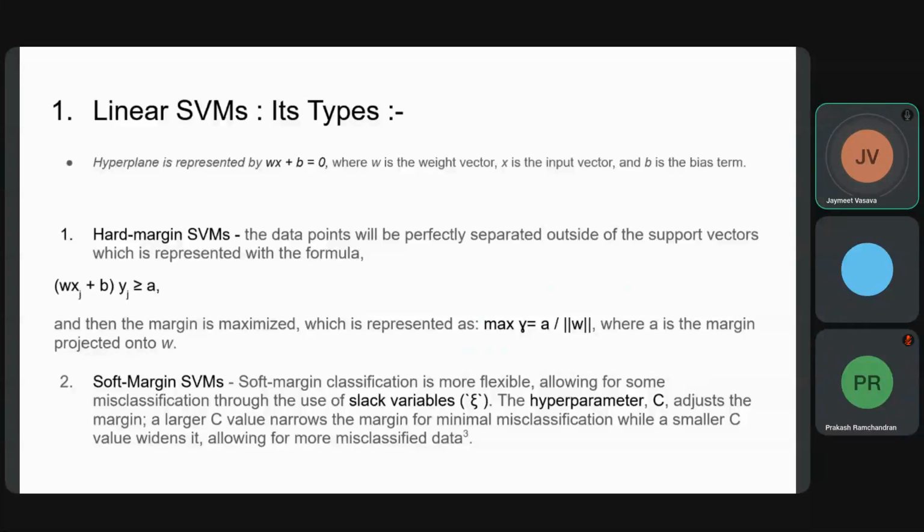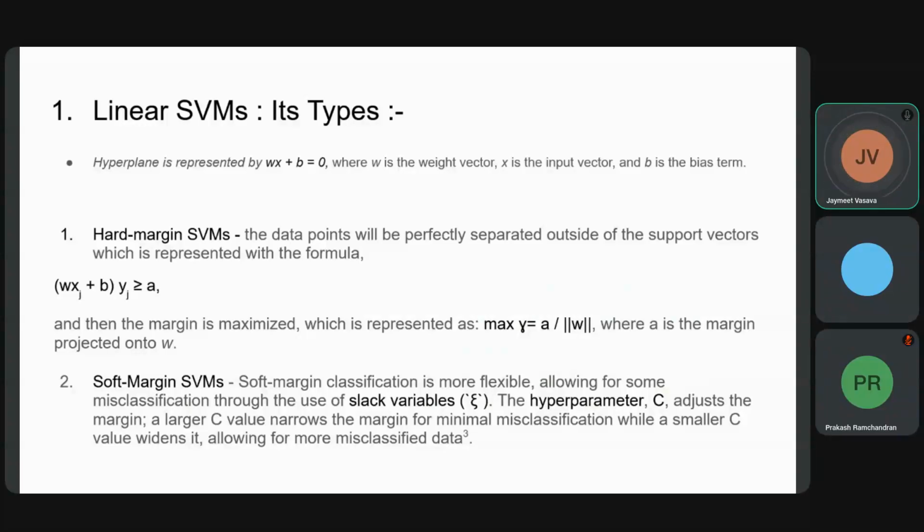Now, here w is the weight vector that defines the orientation of the hyperplane. Xj is the feature vector representing a specific data point. B is the bias term that shifts the hyperplane away from the origin, and yj is the label of the data point.